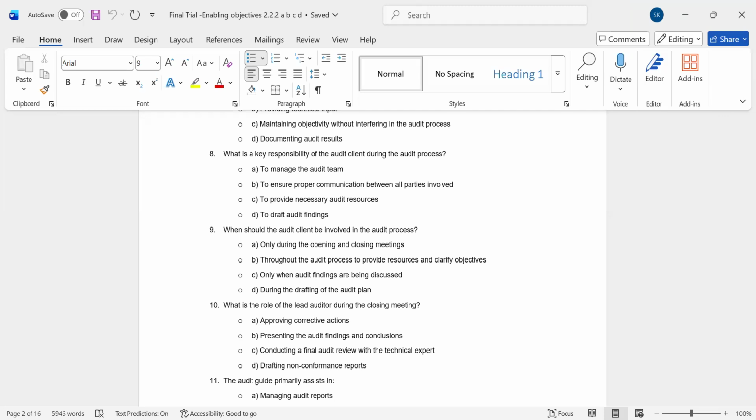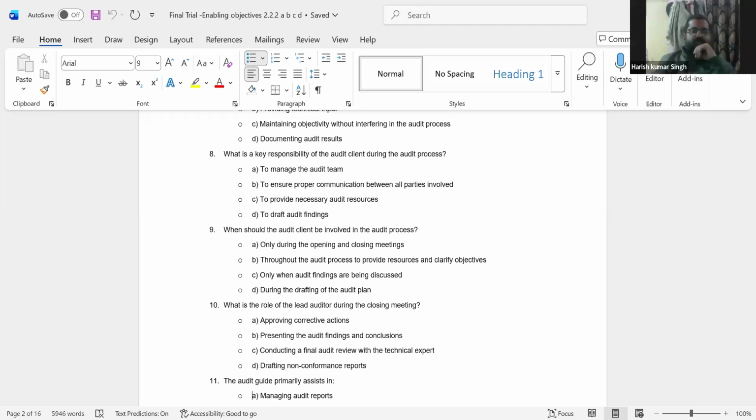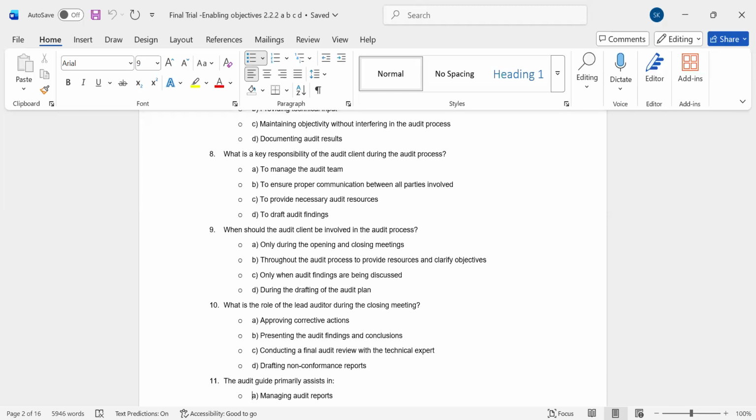To manage the audit team, to ensure proper communication between all parties, to provide necessary audit resources, to draft audit findings. So D is least relevant. A, B, C. I believe C, sir. The most important is to provide necessary audit resources. Seems C only, sir. C is the best fit answer. He will provide all the necessary resources.